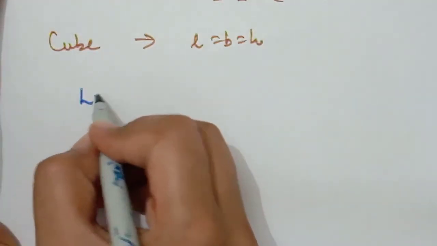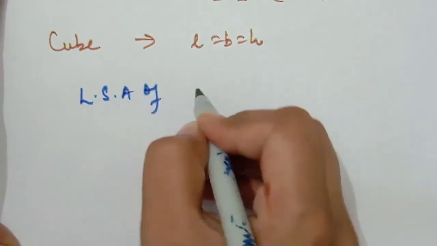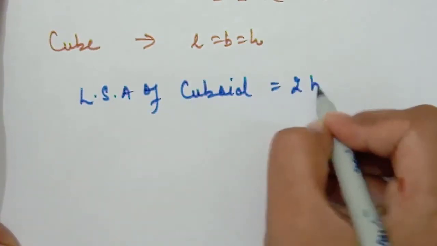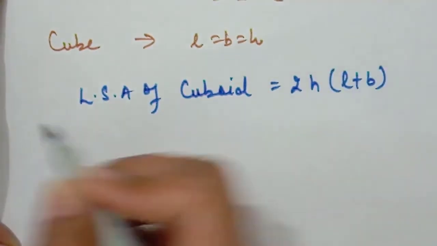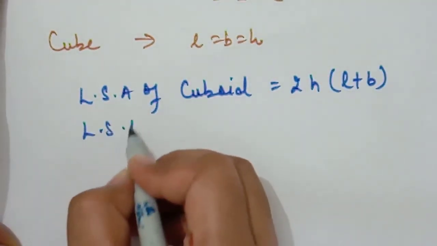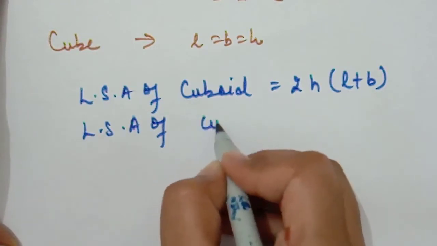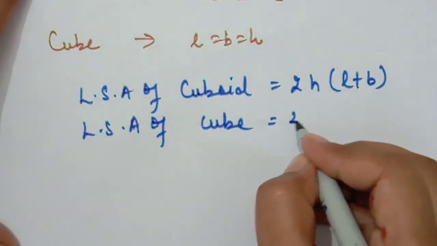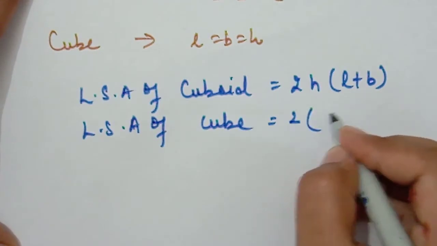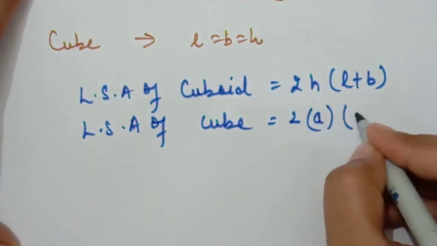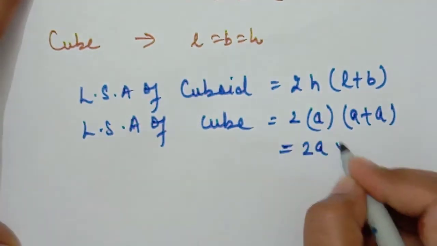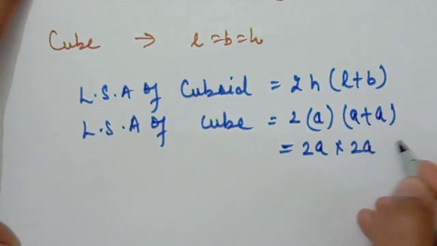We know the lateral surface area of a cuboid is 2H(L + B). So when we find the lateral surface area of a cube, all 3 measurements are equal, so we put A. Here we have A and A, so 2A multiplied by (A + A), which is 2A.